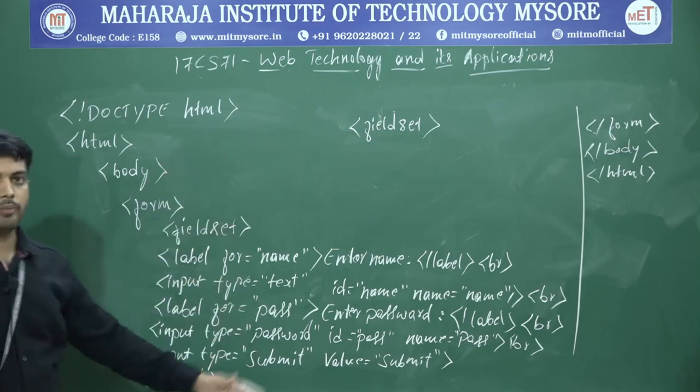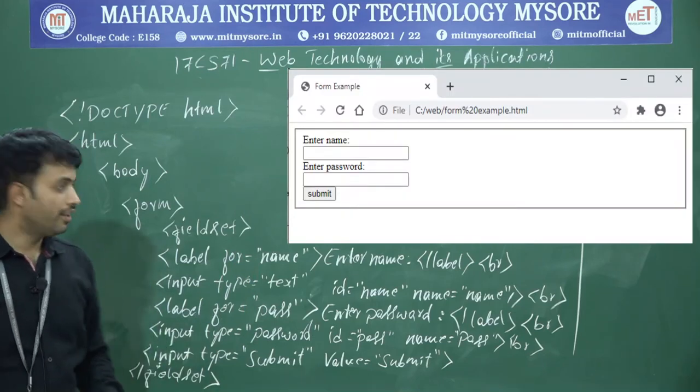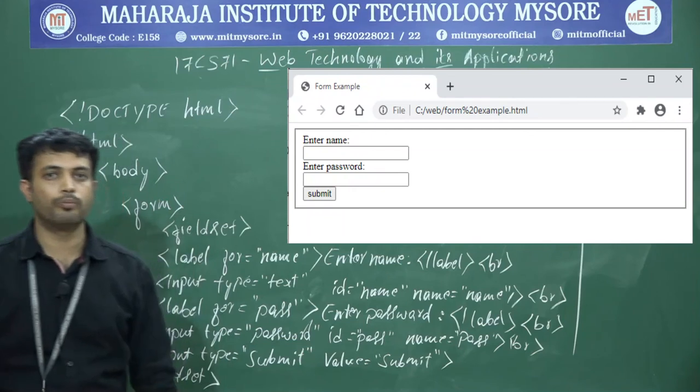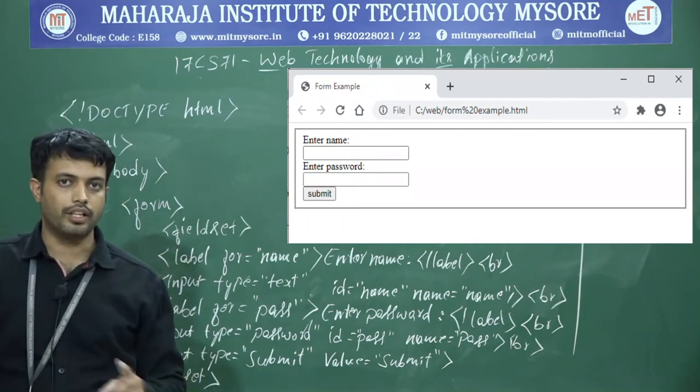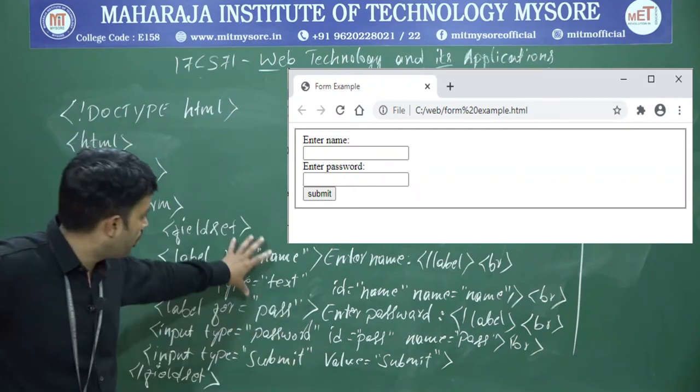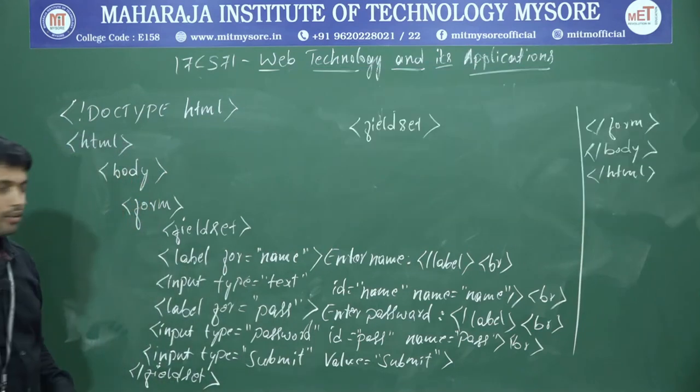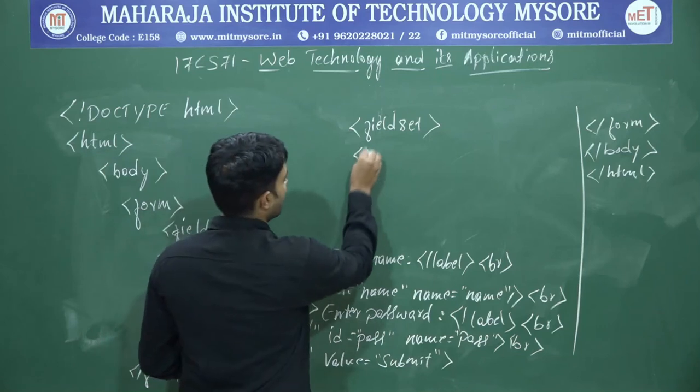Now if I run this program, you can notice that all these labels and text boxes are grouped, and there is a border around all these things. Is that right? Okay. Next, the next tag is what?